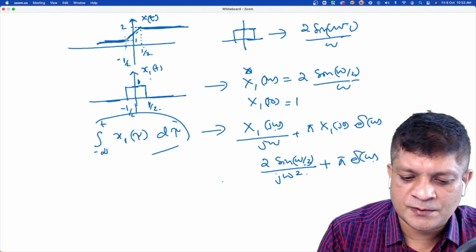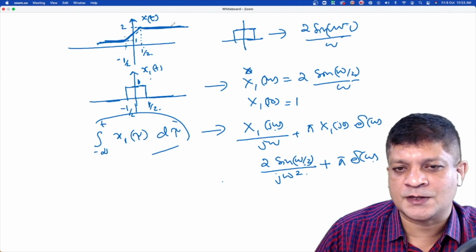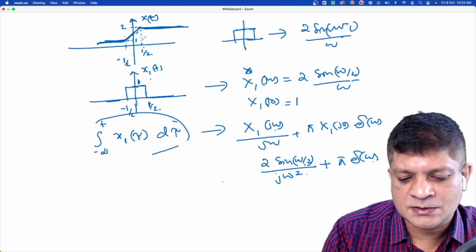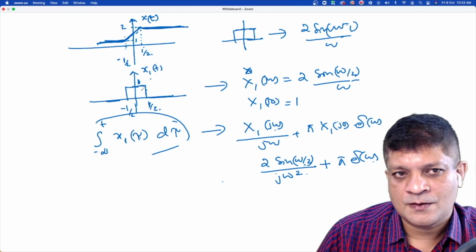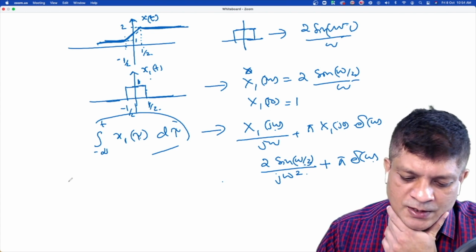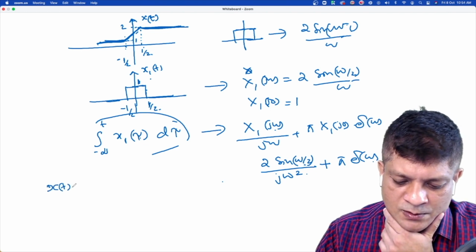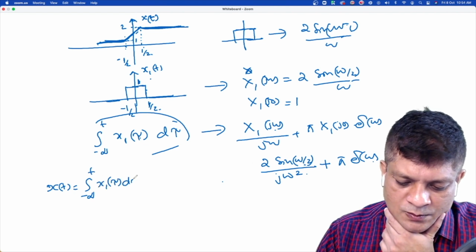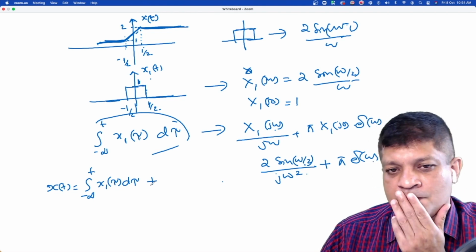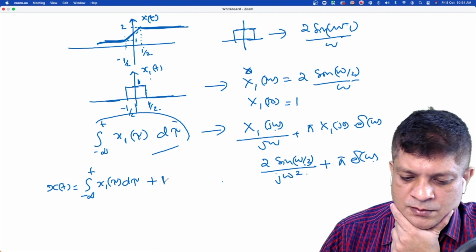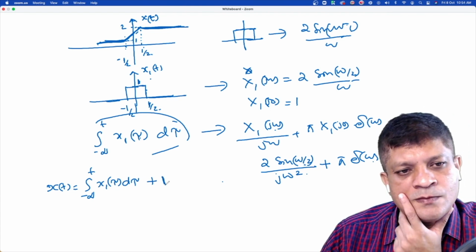Now our objective is to find the Fourier transform of x(t). How are x(t) and x1(t) related? Is this the integral of this? But how much is that constant? So can we say that x(t) is equal to the integral from minus infinity to t of x1(tau) d tau plus 1?